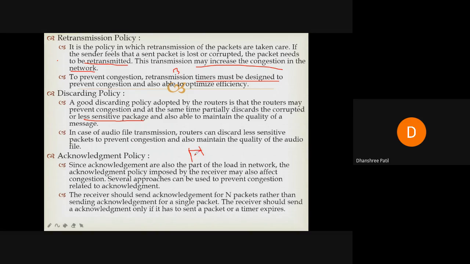Can anybody tell what was the stop and wait protocol? I'm drawing the diagram over here. I hope you will understand what this is. This is sender and this is receiver. Can anybody tell what is stop and wait protocol?